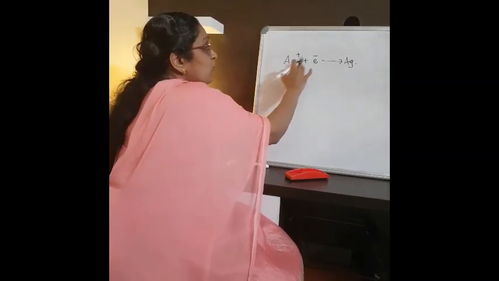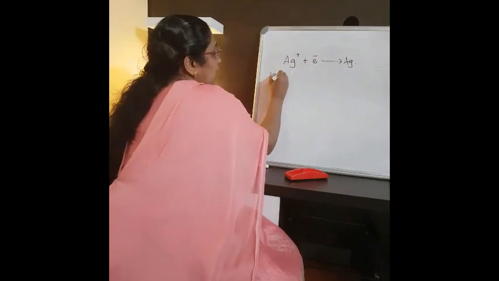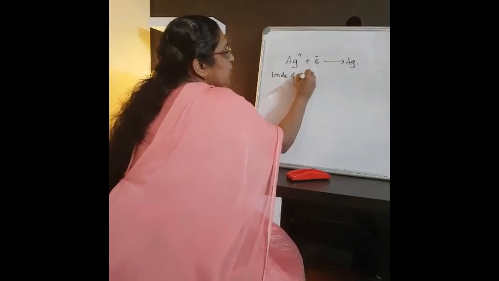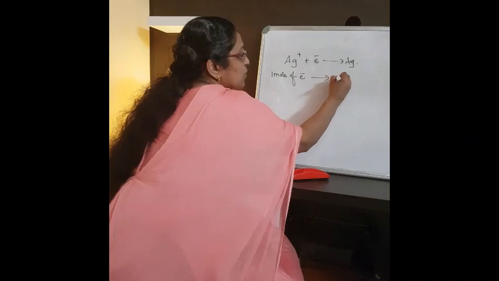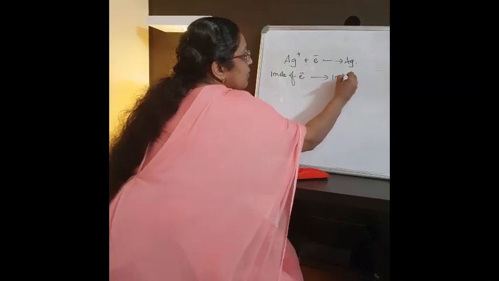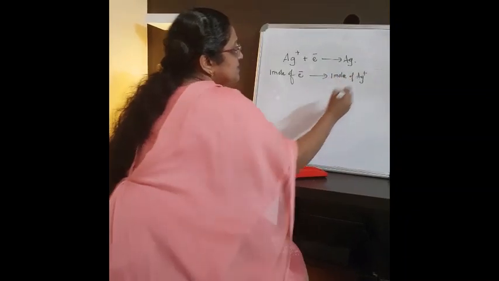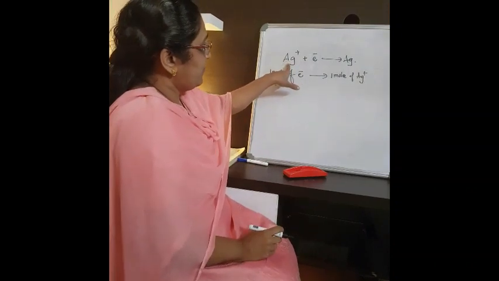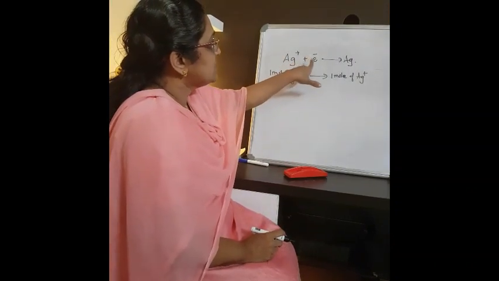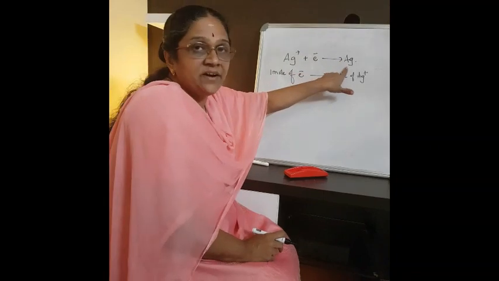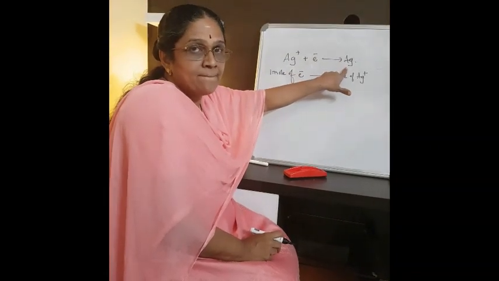Or more precisely, 1 mole of electron is required for the reduction of 1 mole of silver ion. Am I right? 1 mole of silver ion requires 1 mole of electron for its reduction.